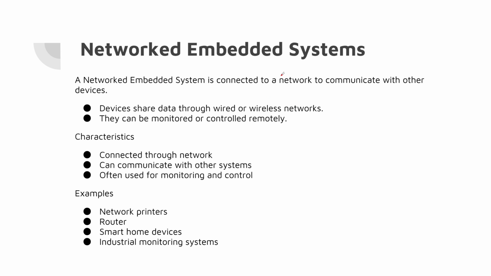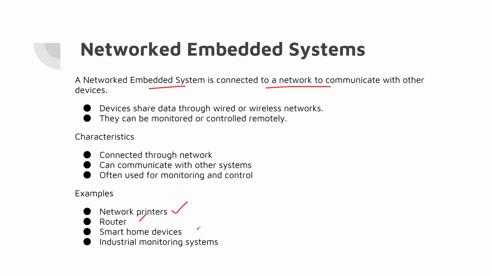Next one is the network embedded system. A network embedded system is one where my embedded system is connected to the network and communicates with another device. That is, it shares some data via a wired or wireless network. Some examples are network printer, router, and smart home device controls.